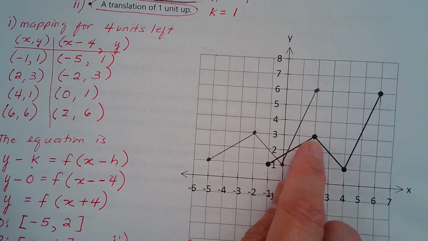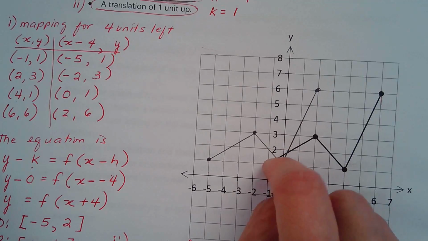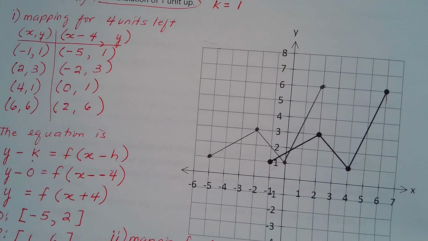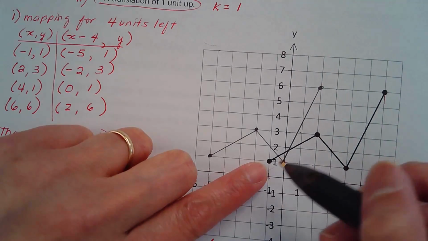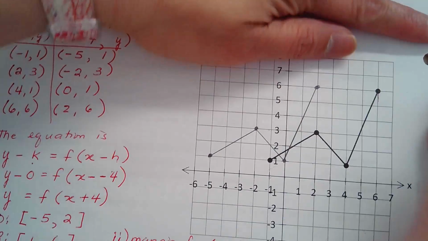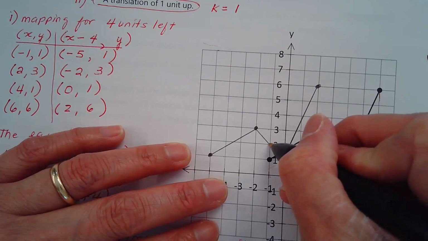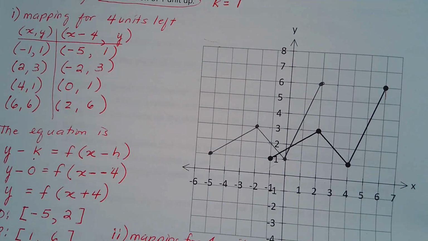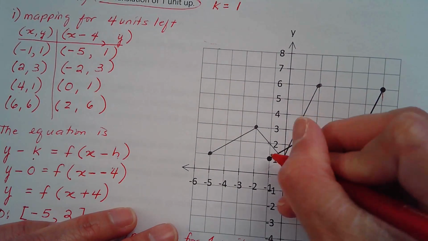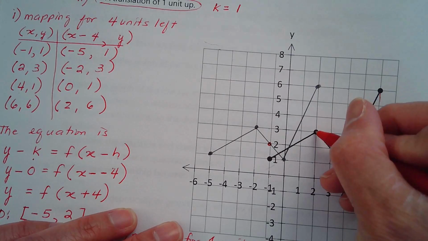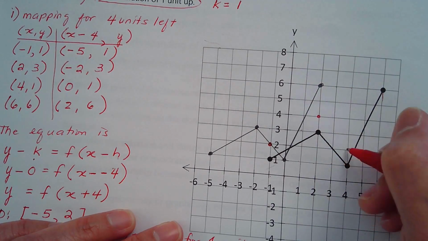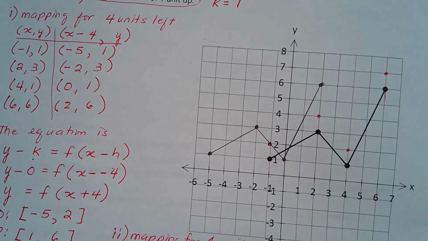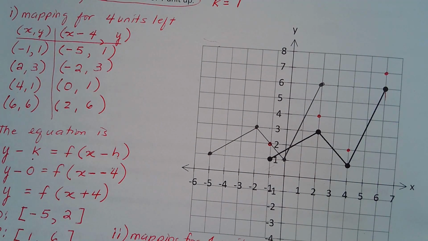Why don't we take the original function and then move everything up 1. Okay, so let's do that. I'm going to use a different pen. So original graph, original function, move 1 unit up. So every point moved 1 up.